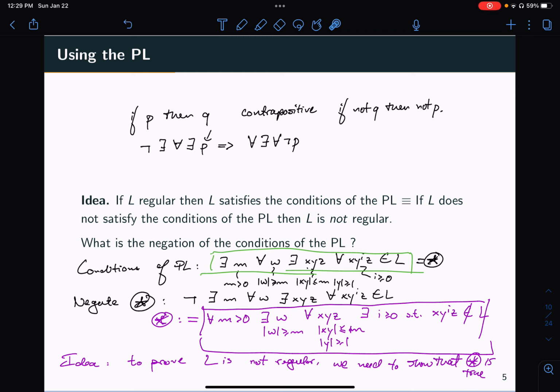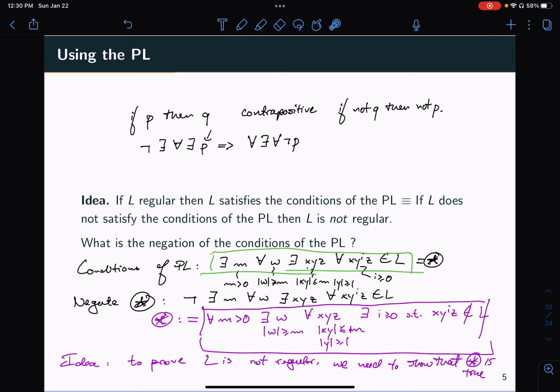Well, it's not too bad if we recast this as a type of game. You have a game where you have an opponent and yourself, and you're trying to win the game, so you're trying to defeat your opponent. What your opponent is trying to do is try its hardest to sabotage your proof. Your opponent will choose some integer m to which you have to reply with a move.